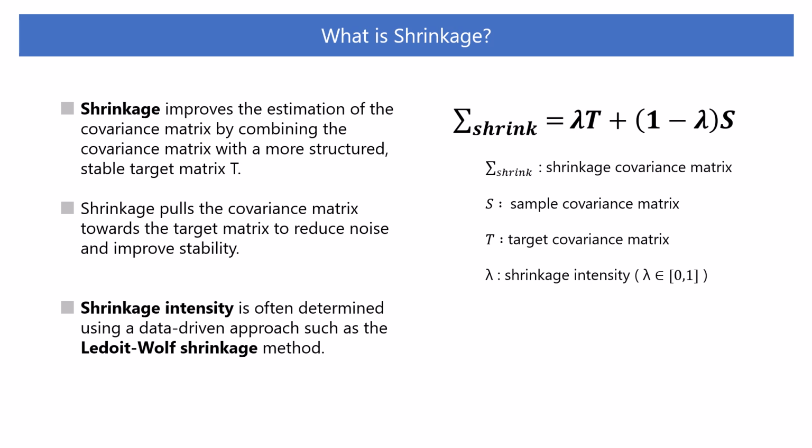Lambda represents the shrinkage intensity, a weight factor that determines the balance between the covariance matrix and the target matrix. The value of lambda ranges from 0 to 1. Shrinkage intensity lambda is key to the method and is often determined using a data-driven approach such as the Ledoit-Wolf shrinkage method, which minimizes the mean squared error between the estimated covariance matrix and the true covariance matrix.